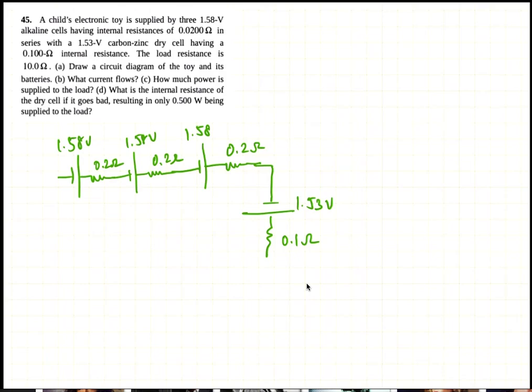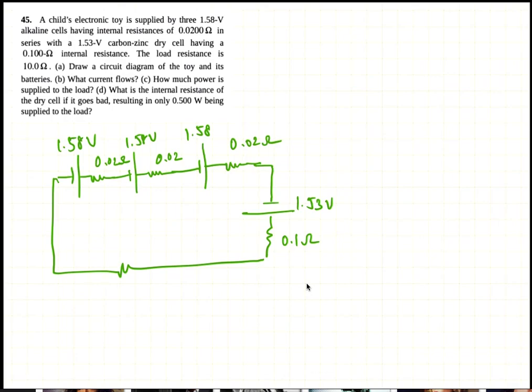Now these are all 0.02 ohms. And then the load resistance is 10 ohms.